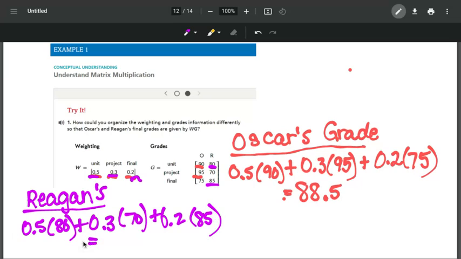And it looks like Reagan would have 0.5 times 80 plus 0.3 times 70 plus 0.2 times 85, 78. So Reagan would end up with 78 for the grade.